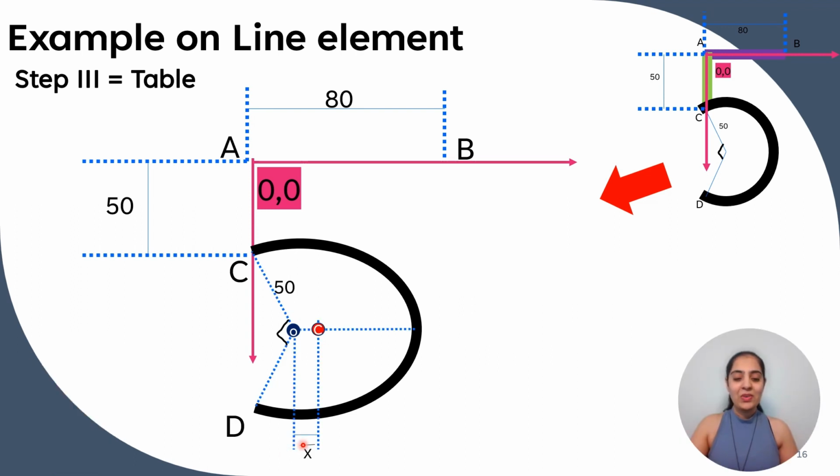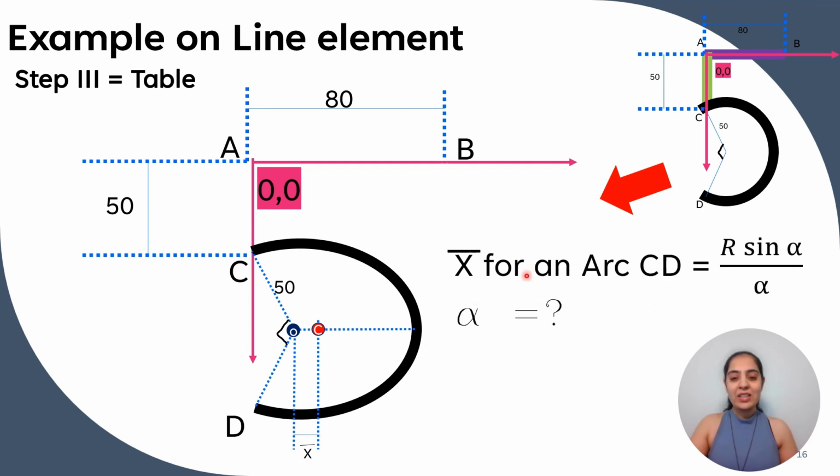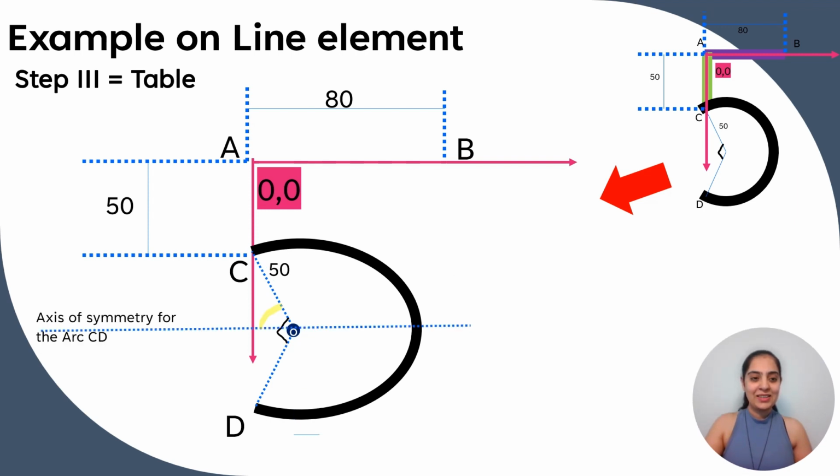Now we want this x bar, that is the CG x coordinate of this arc. So it has this formula, r sine alpha upon alpha. But what is this alpha? Let's see. This is the axis of symmetry for arc CD.